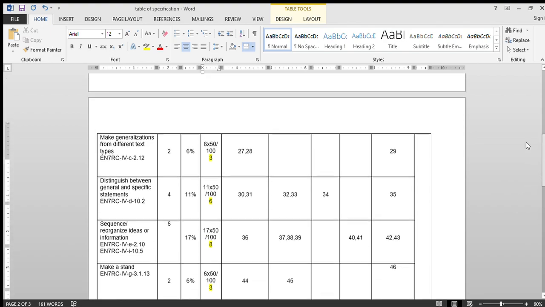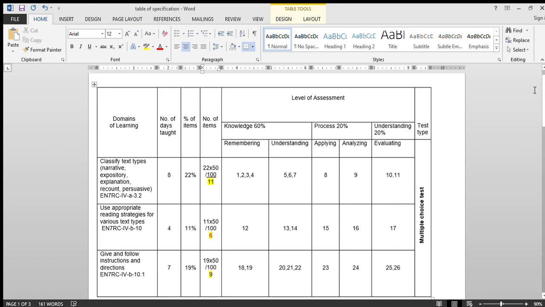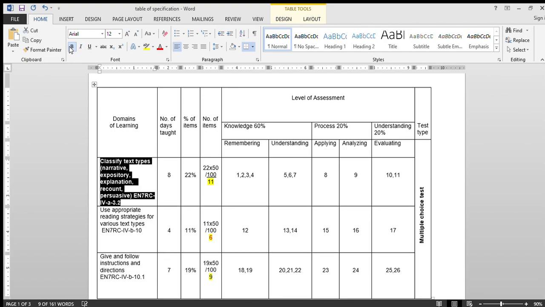Now, let's proceed to the distribution of the number of items or the test questions. This is competency number 1. For this competency, we have 11 items.